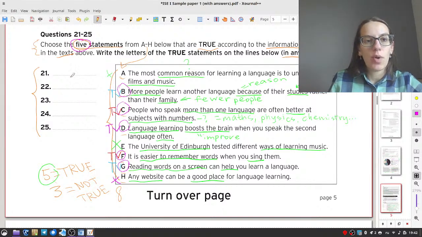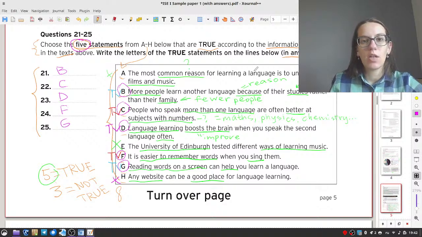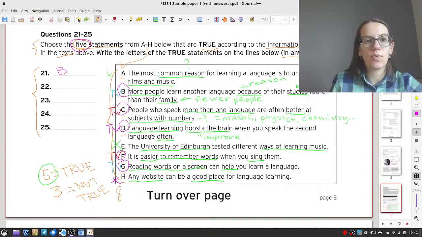So now we put our letters here: B, C, D, F, and G. And remember that they can go in any order. So for example, if you want to put them in a different order, you can put F, then D, then B, then G, then C. That's fine as well.